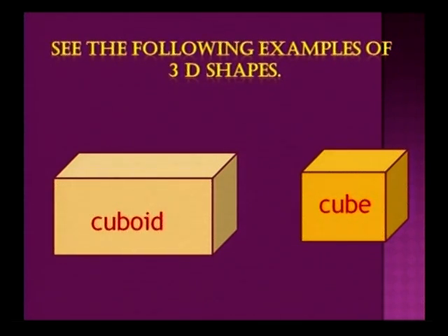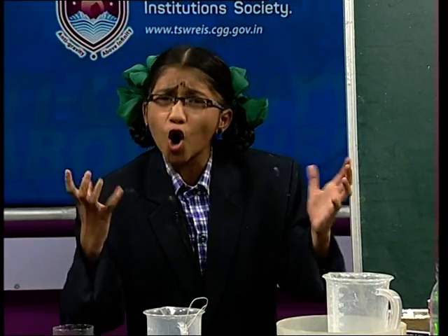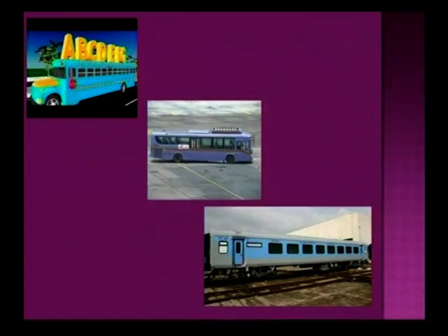So, they have 3 dimensions, that is length, breadth, height, and the cube also has a length, breadth, height. So, do you understand it? In cube and cuboid shaped objects, we may observe in our surroundings so many things like these examples. Bus, car, train, these are all in the cuboid shape.